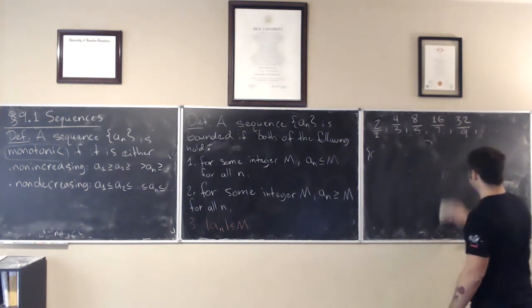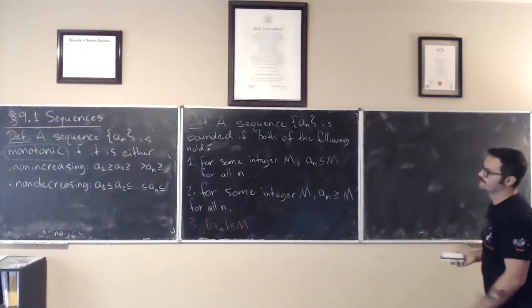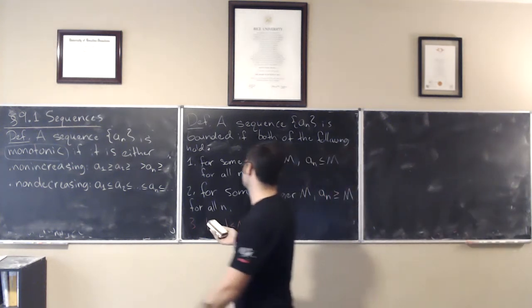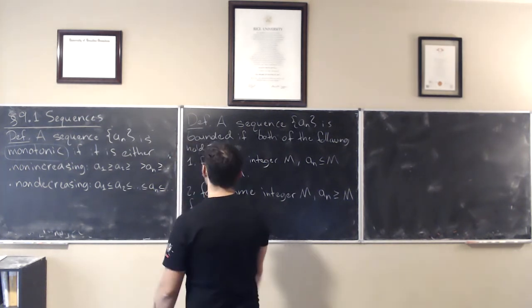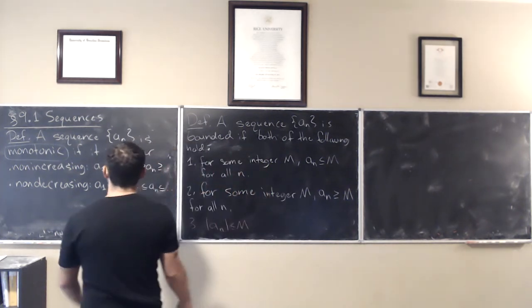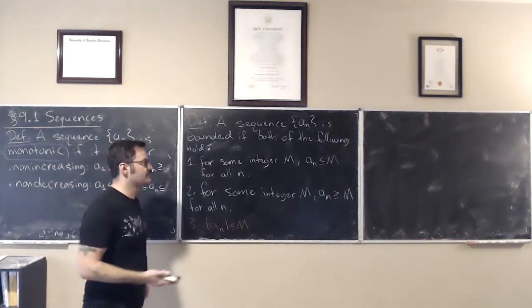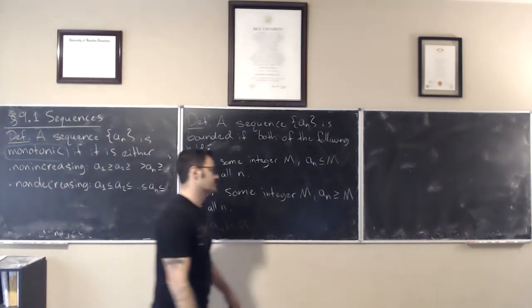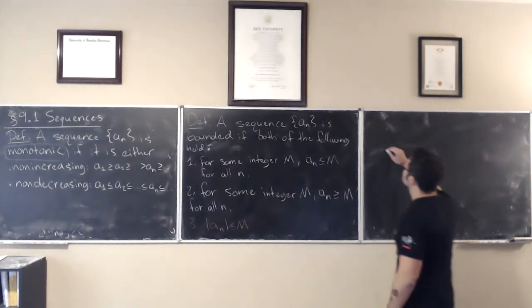And we can prove a theorem. I feel like I don't prove enough theorems in this course. Do we really need to prove a theorem? About being monotonic and bounded together, what does that mean about the sequence? Yeah, we'll prove it. Okay, so theorem.